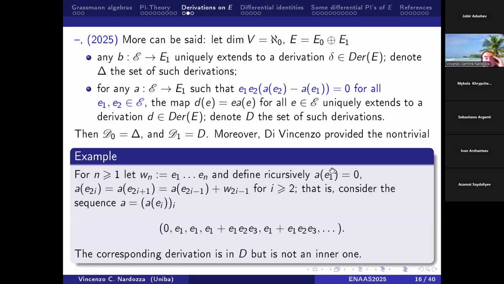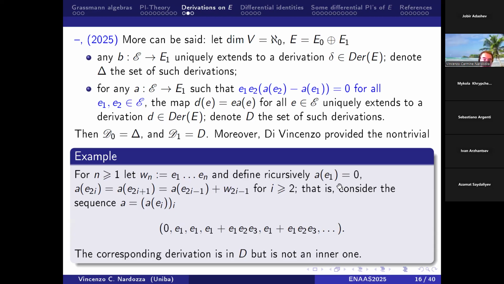Define this map A from the basis elements E1, E2, etc. of the vector space, sending E1 to 0, E2 to E1, E3 to E1, and so on, and then E4 to E1 plus E1, E2, E3, and so on.